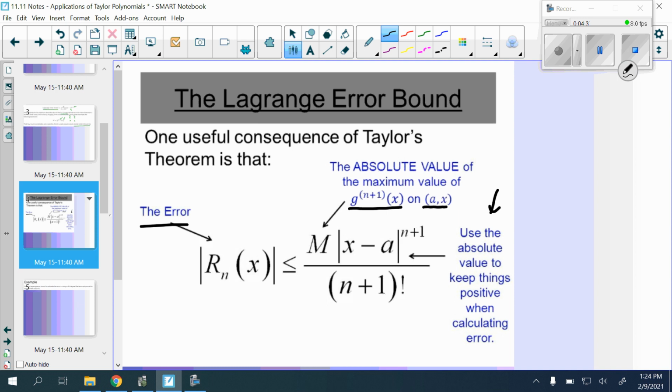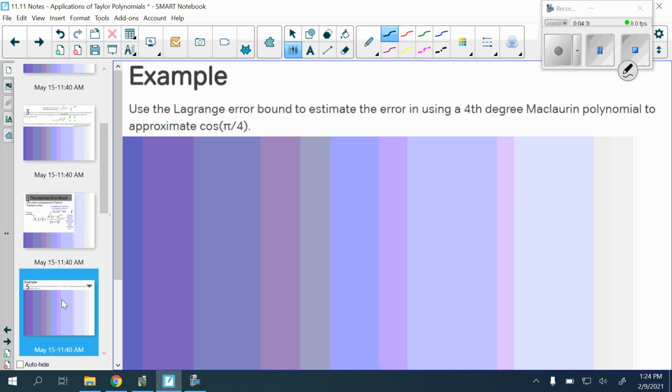All right, so here's an example. Use Lagrange error to estimate the error in using a 4th degree Maclaurin polynomial to approximate cosine of pi over 4. Let's figure out first cosine of pi over 4. We've seen that before if you're looking at the unit circle. Pi over 4 is the same as 45 degrees.